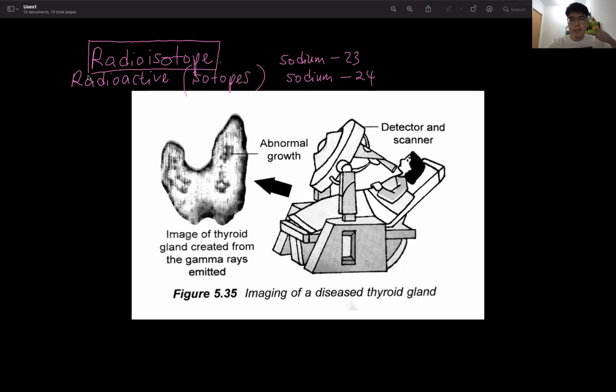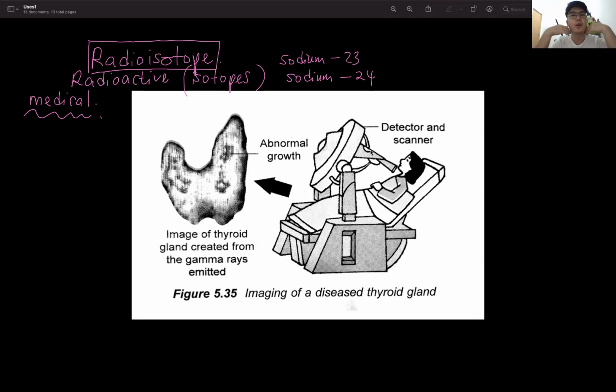So what are the general uses of radioisotopes? The first one is in medicine. In the medical industry, it is used in scanning, for example scanning the organs inside or checking for cancer cells. First they inject the radioactive substance into your body, or they give you something to swallow.